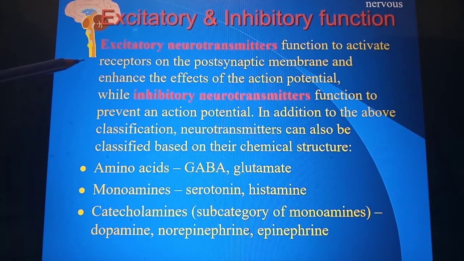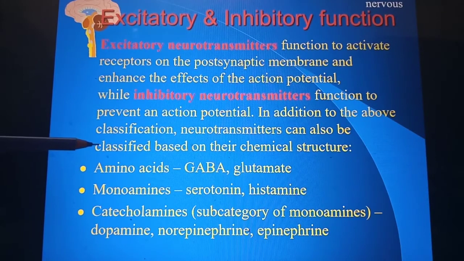They activate the receptors and they send information. Whereas the opposite, some neurotransmitters prevent the action potential. They prevent the information from being sent. So that is an inhibitory neurotransmitter.